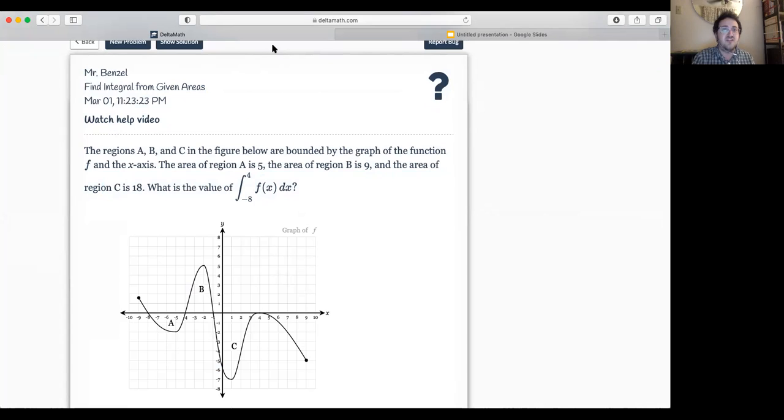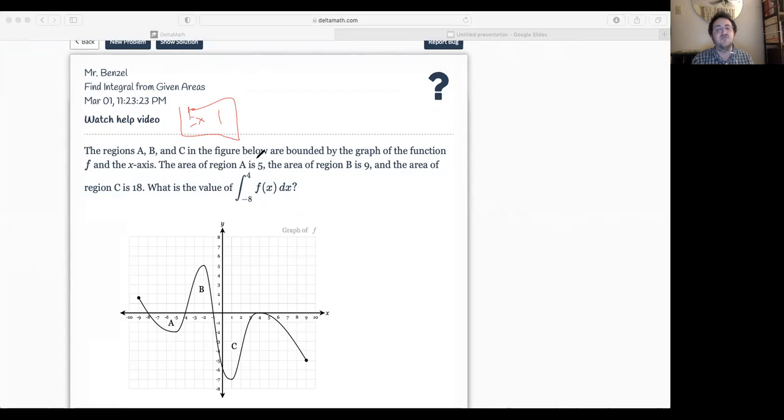This says the regions A, B, and C in the figure below are bounded by the graph of the function f and the x-axis. The area of region A is 5, the area of region B is 9, and the area of region C is 18. Compute the integral from -8 to 4.